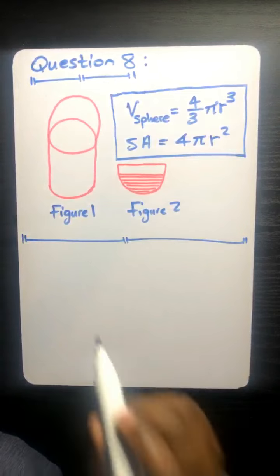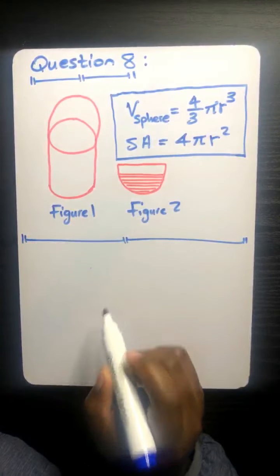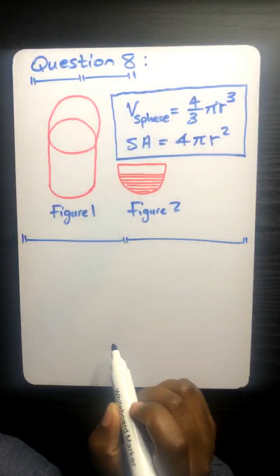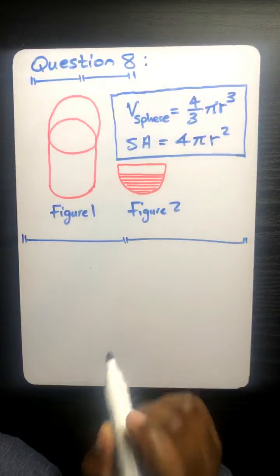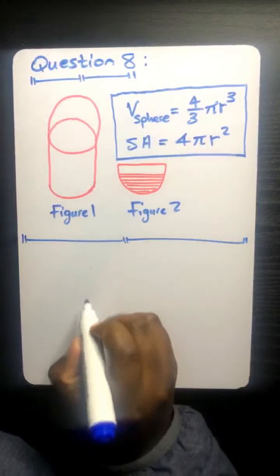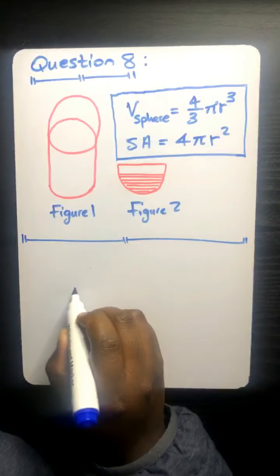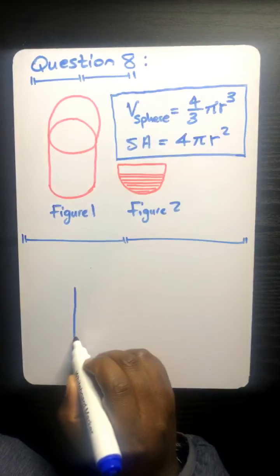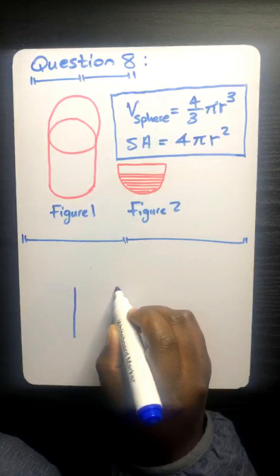Let's see. We have a can which has a height of 16 centimeters. So I'm just going to quickly draw it. So there we have a can. You obviously know a can.